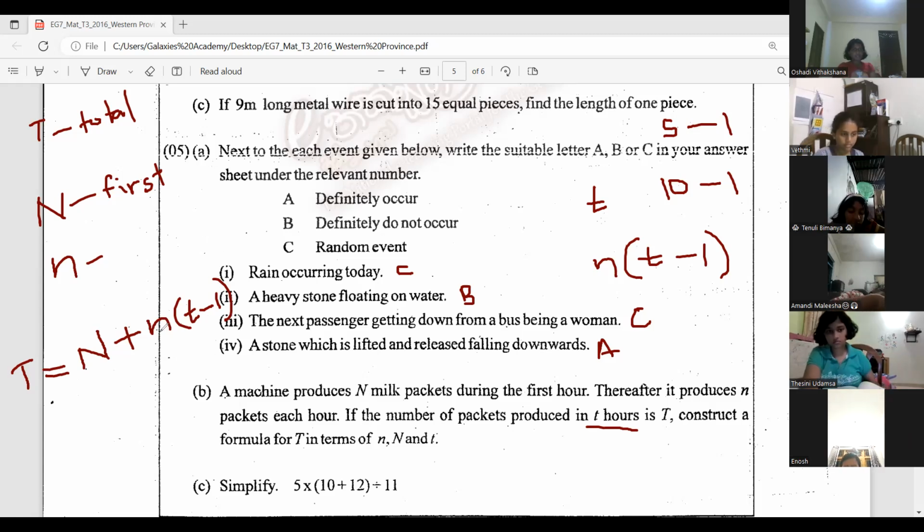After the first hour, each hour produces simple n packets. n multiplied by t minus 1 means after the first hour, the total number of packets produced. Capital N means the first hour's number of packets. Capital T means the total number of packets produced in simple t time.